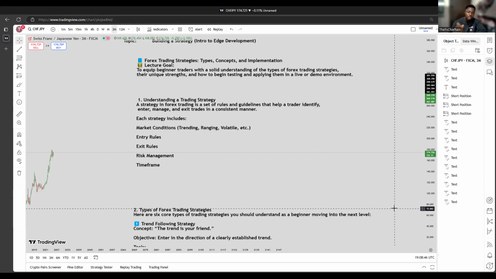The word consistent is the keyword there. It helps you to be able to trade like a machine. Imagine programming a machine to do a particular job, just like an LED light. You're programming it to blink at a particular frequency, or you have a timer in place.